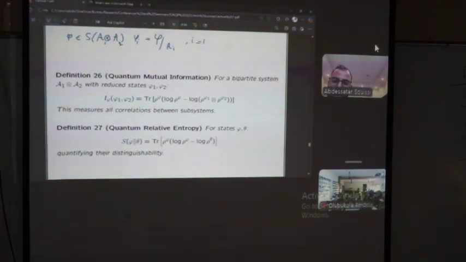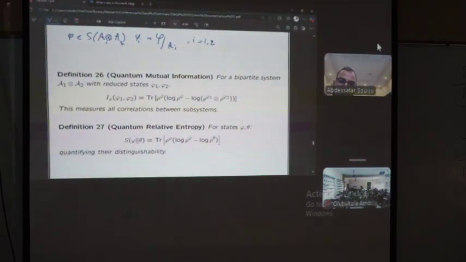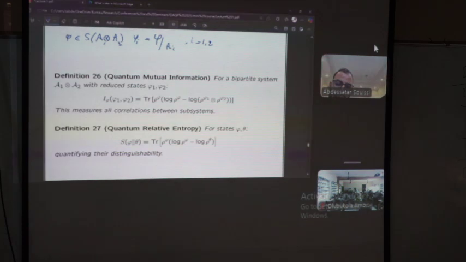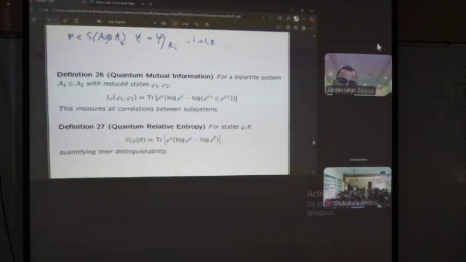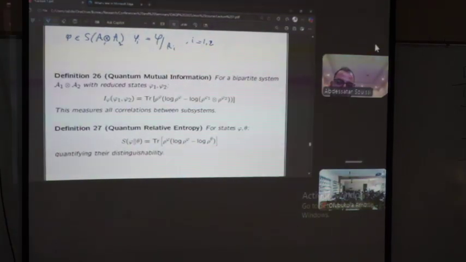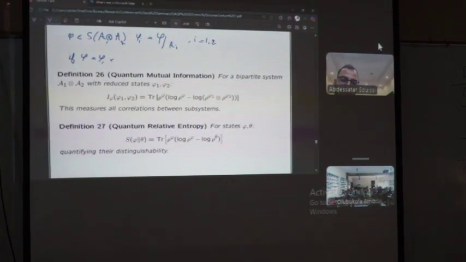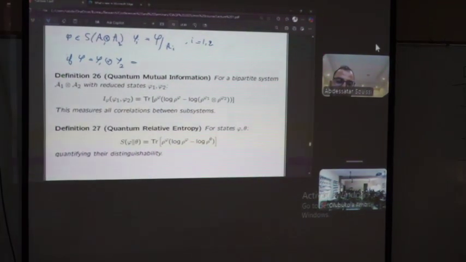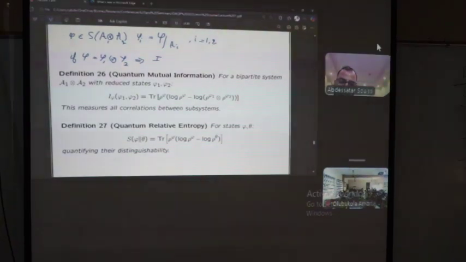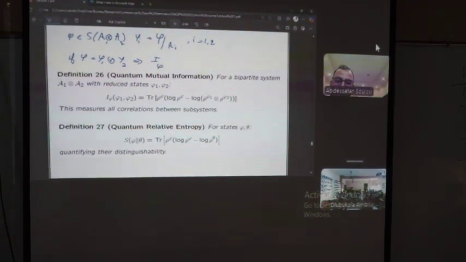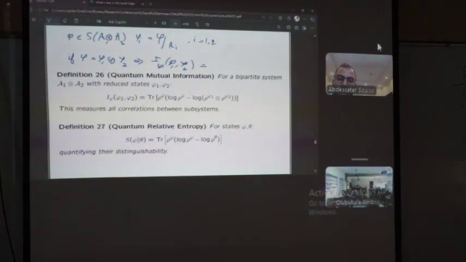So it's fine. And then in the simplest case, if indeed phi is a product state, if phi is phi 1 times phi 2, then the quantum mutual entropy of phi 1 and phi 2 given phi is zero.